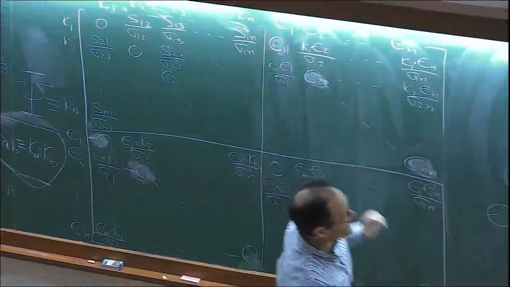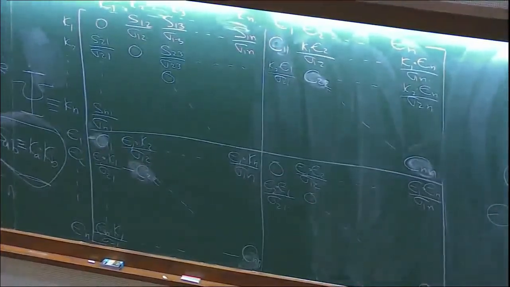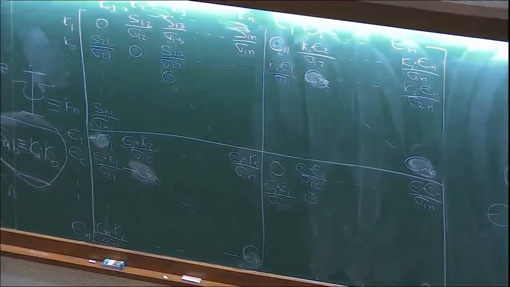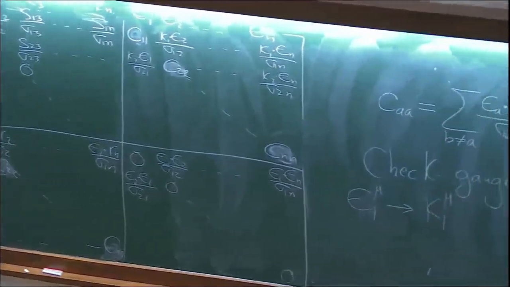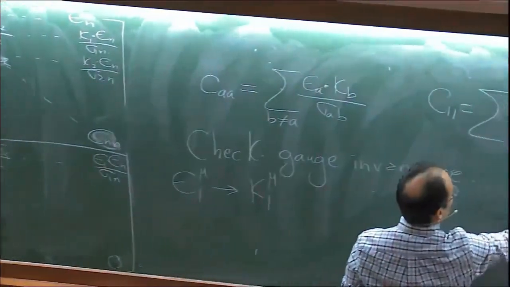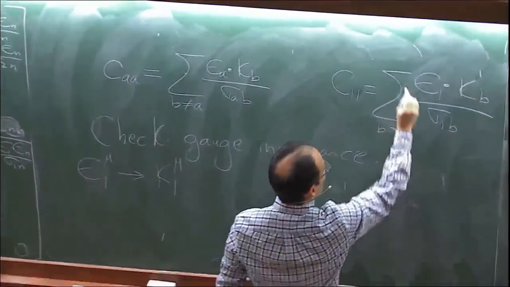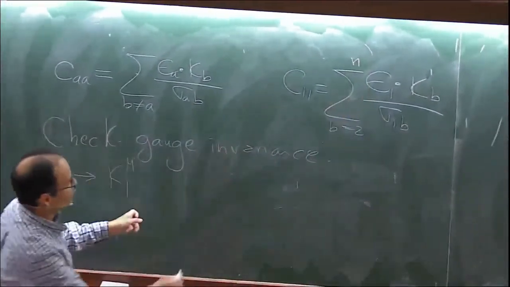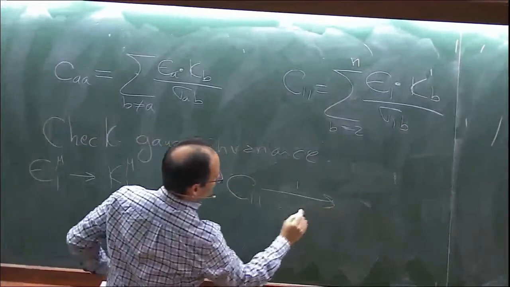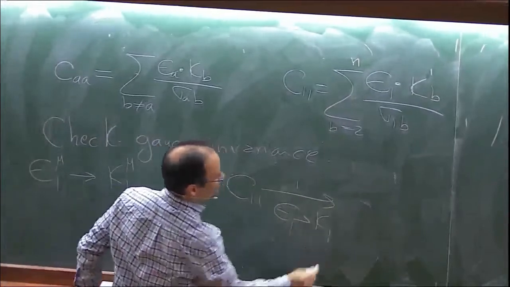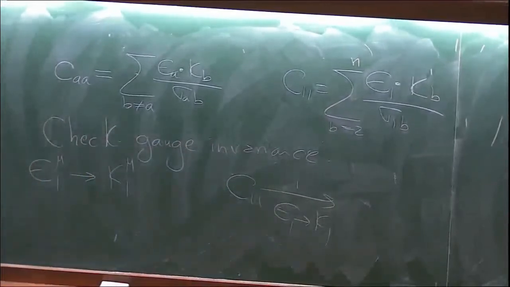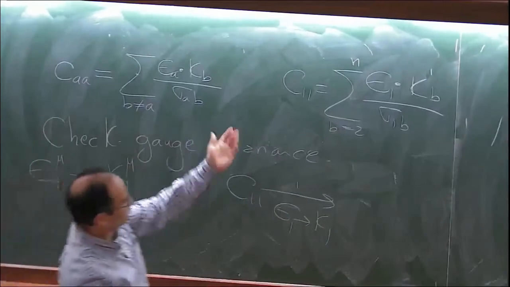But let's have a look at C11. So C11 is the sum over epsilon 1 dot KB divided by sigma 1b, b from 2 to n. And when we replace epsilon 1 by K1, what happens? Well, let's do it.